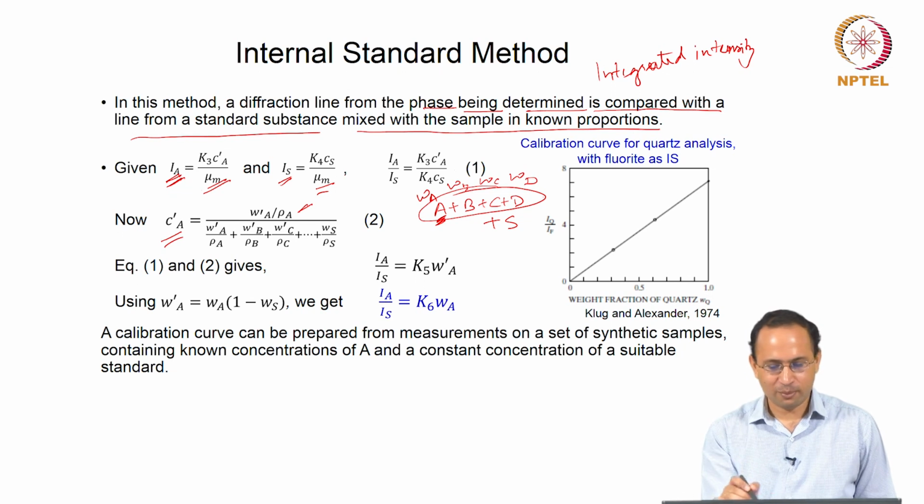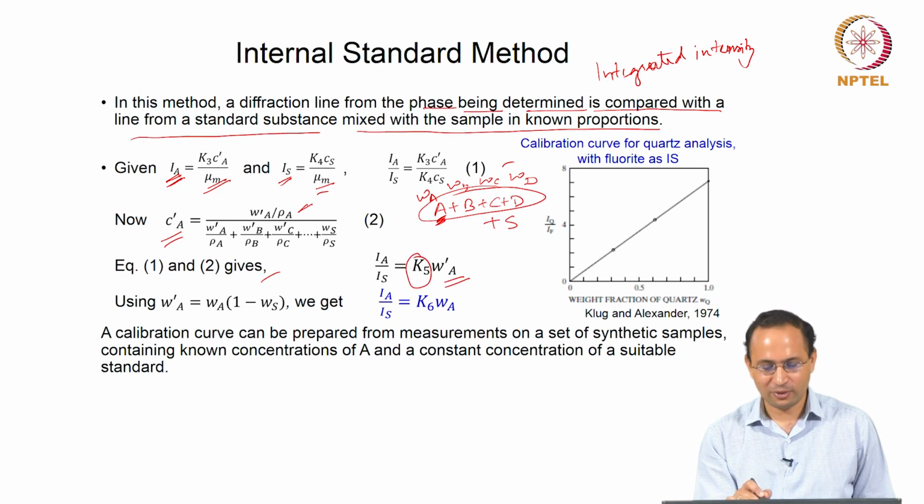Now if you combine 1 and 2, what do you get? You will get IA over IS equal to another constant, because K3, K4 are constants and you can reduce it. Basically you get a relationship in terms of W prime A, which is the weight fraction. This weight fraction of A is equal to WA times 1 minus WS.